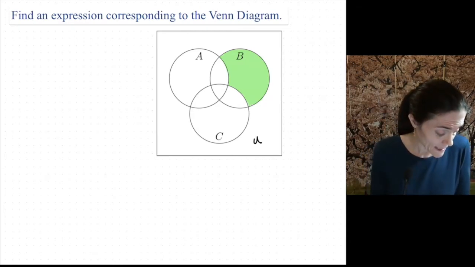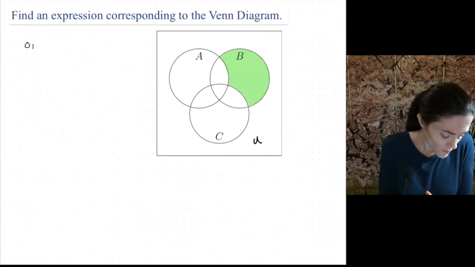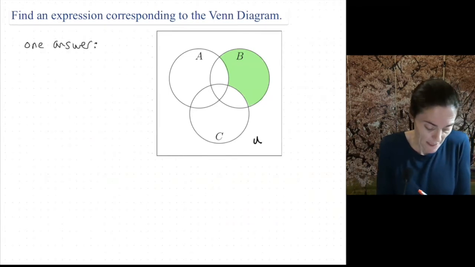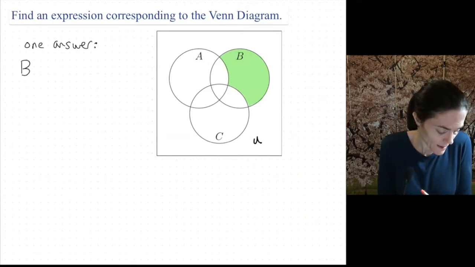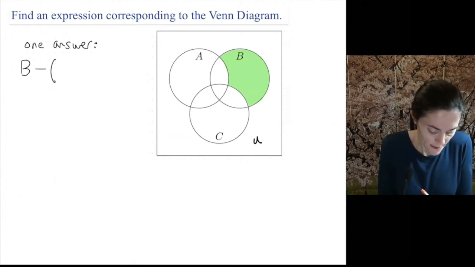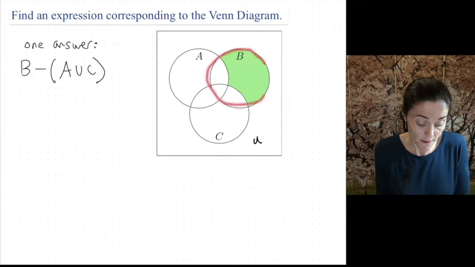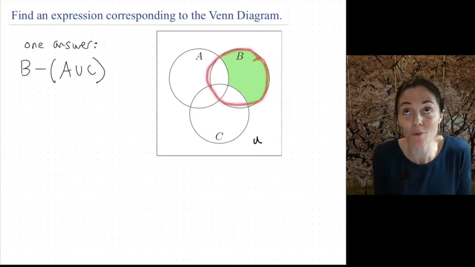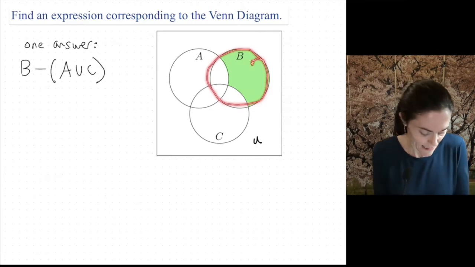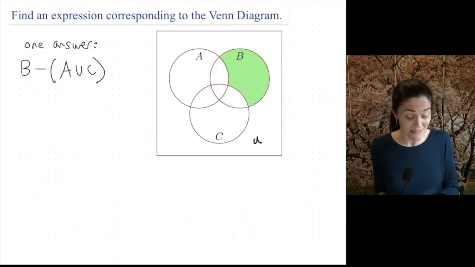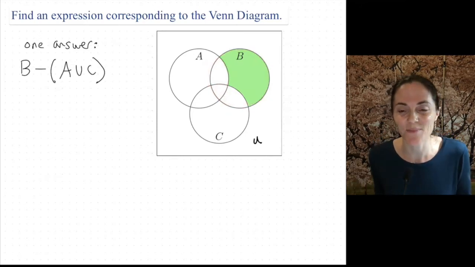One option is we can start with B and then subtract the union of A and C, right? Because that would say, start here, this would be all of B, and then we remove the things that are in A or are in C, the union. And this would be removing this and removing this, and we'd be left precisely with this green region.